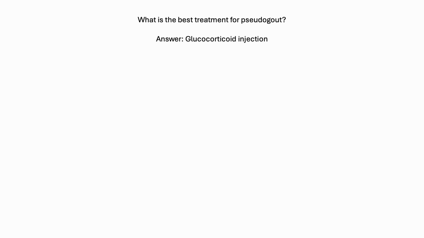Remember, pseudo-gout is not the same as gout. It's more calcium associated, and this is more likely to affect the larger joints, knees, wrists, ankles perhaps, versus gout is more the hallux of the big toe.